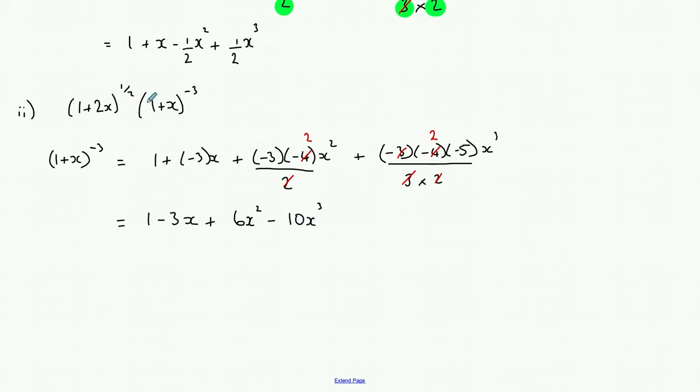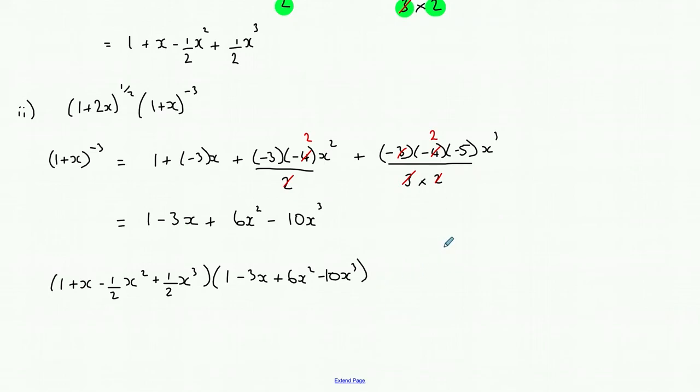So we've got to multiply these two together. We're going to multiply 1 plus x minus a half x squared plus a half x cubed by 1 minus 3x plus 6x squared minus 10x cubed.